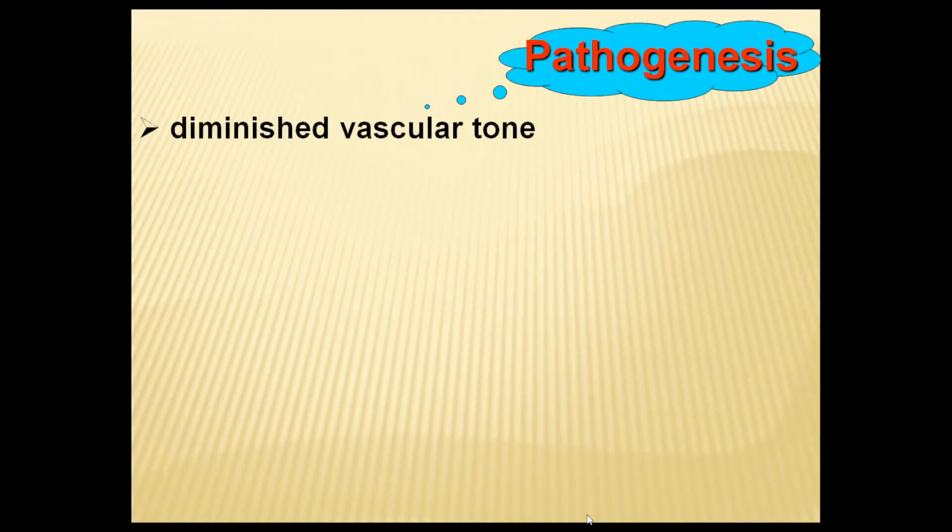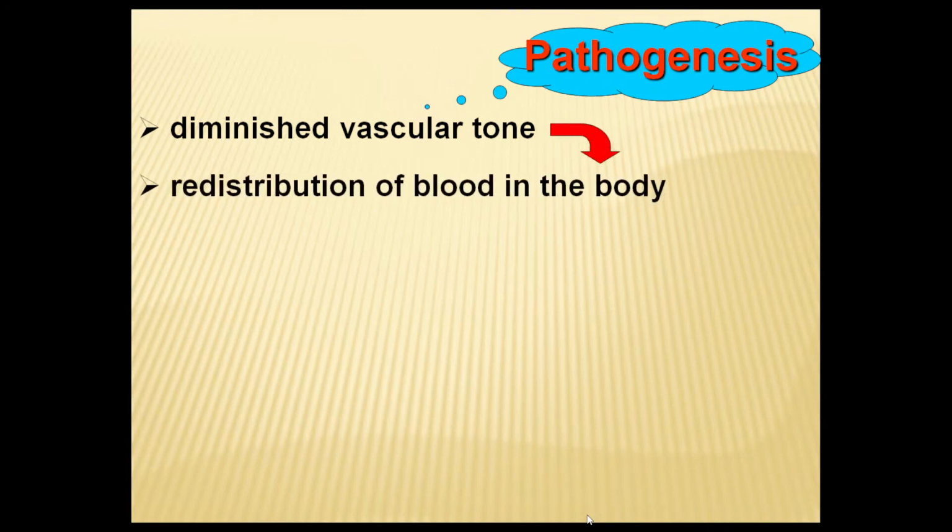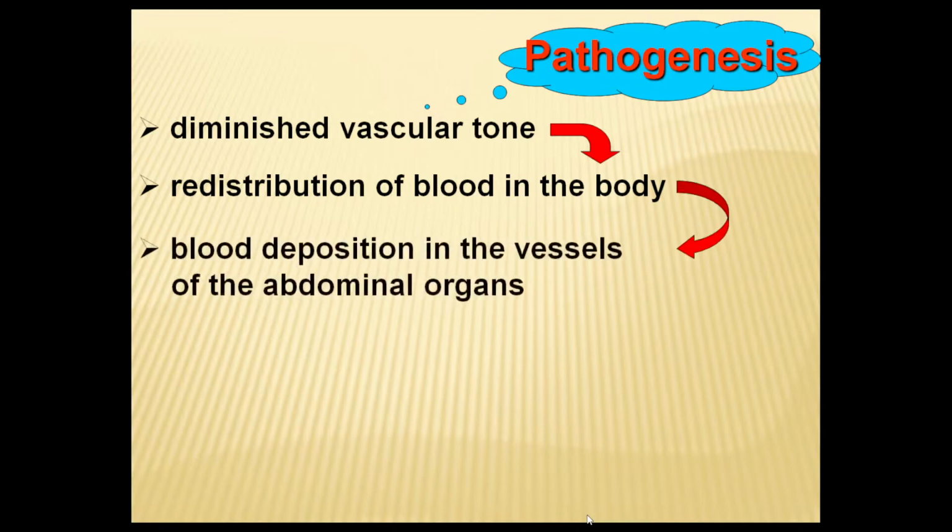Pathogenic mechanism. Diminished vascular tone, I said some vessels dilate, is accompanied with redistribution of blood in the body: blood is held in dilated vessels and restricted in constricted vessels. As a result, blood is usually deposited in the vessels of abdominal organs.